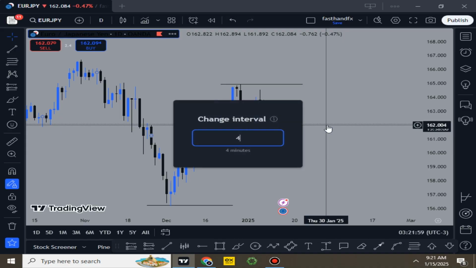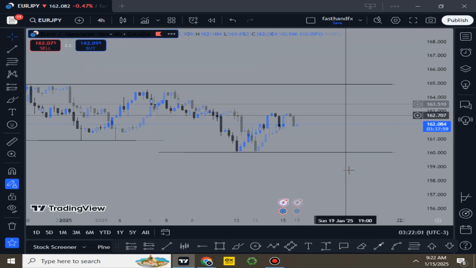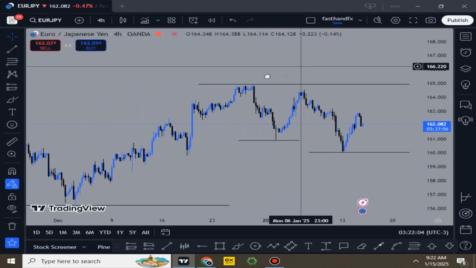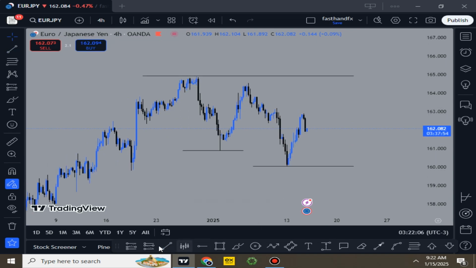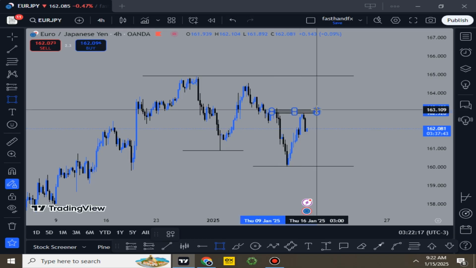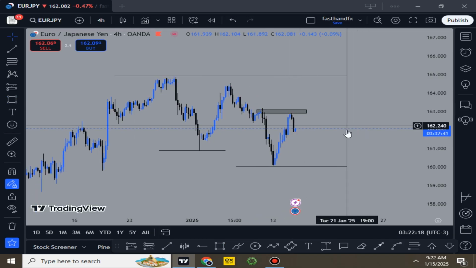So we go to the H4 and see what price is doing. Basically we understand that the market was creating lows and highs, low high, low high, something like that. So talking about order blocks, liquidity, we have this level right there that I see price has respected.